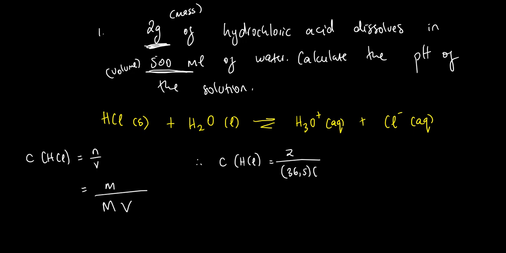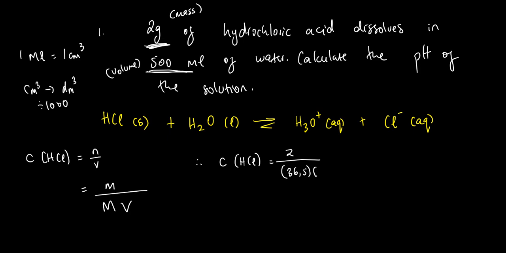milliliters, sorry. So one thing about milliliters is that when you convert milliliter to decimeter cubed, because we work in decimeter cubed, you just need to remember the following. 1 milliliter is the same as 1 centimeter cubed. And to change from centimeter cubed to decimeter cubed, please remember that we divide by what? 1,000.